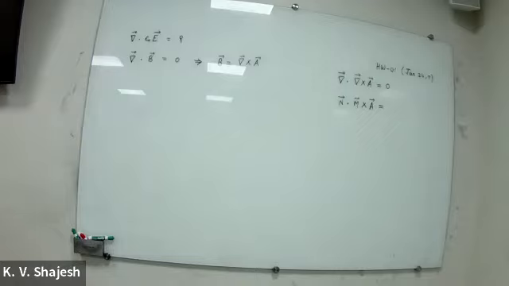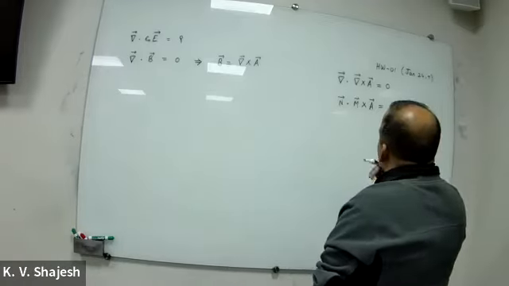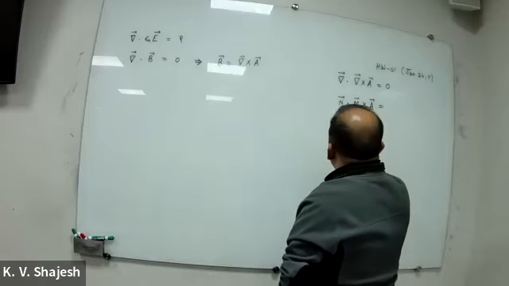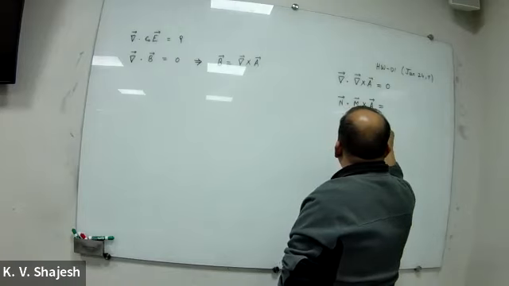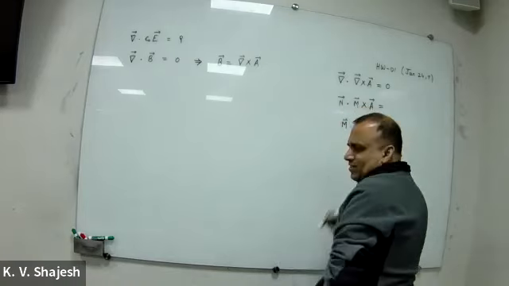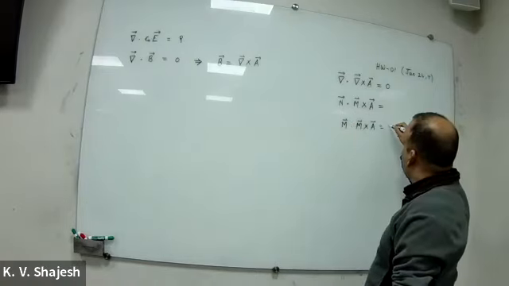I am asking, how about maybe making this better? How about M dotted with M cross A? Is that 0? Yes, right. So that's 0.